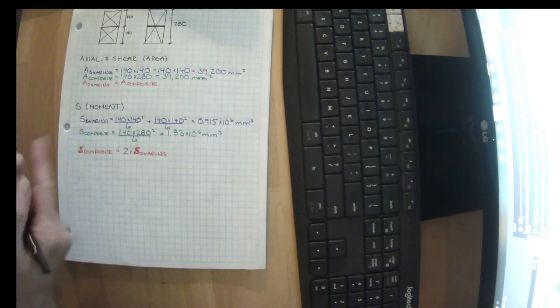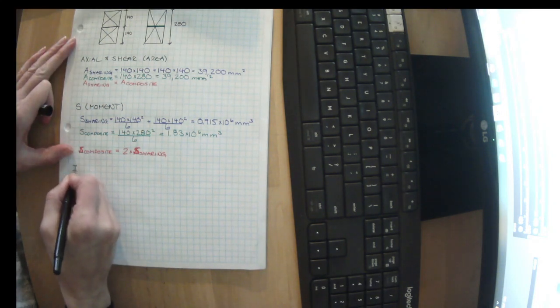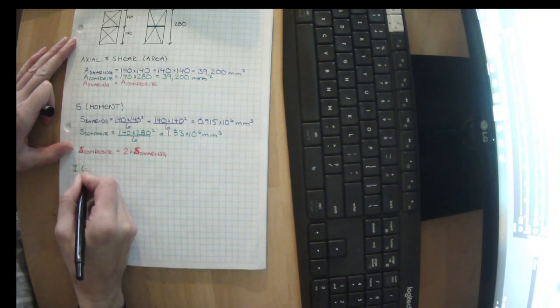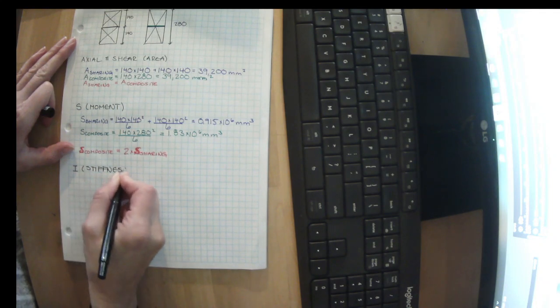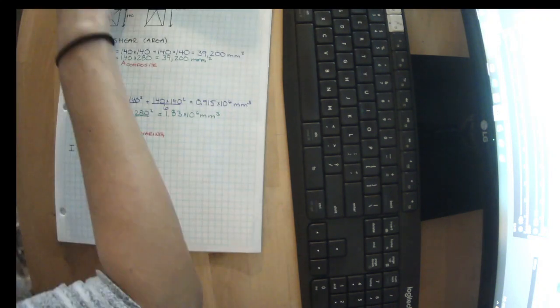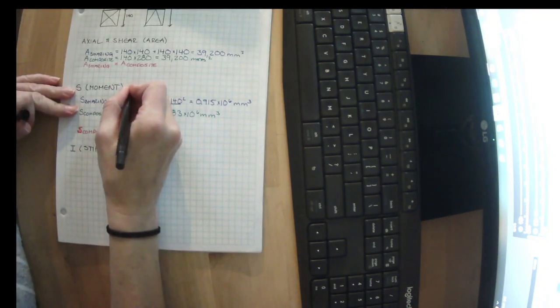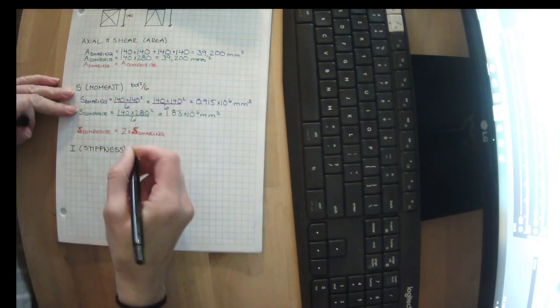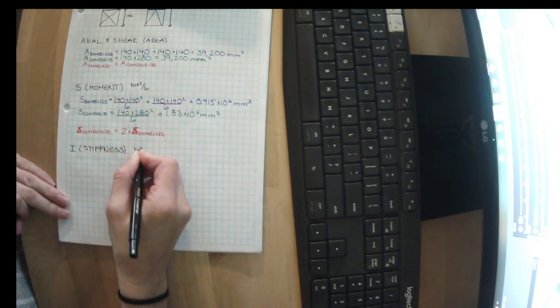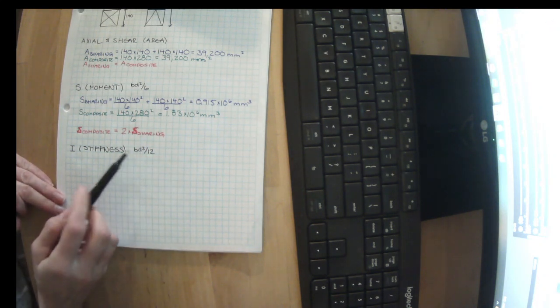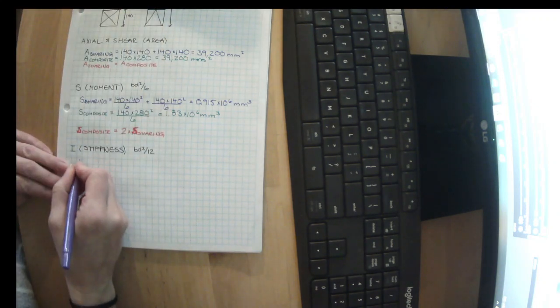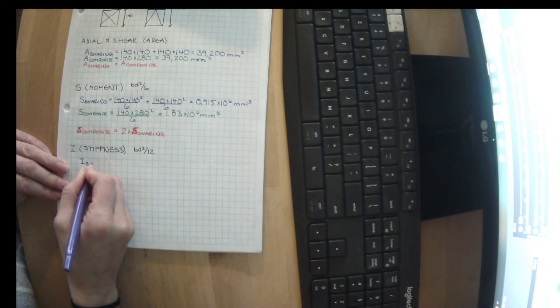Let's take a look at stiffness. For stiffness, we used I, or moment of inertia. And if you guys remember, S is BD squared divided by 6, and I is BD cubed divided by 12. We didn't calculate this, but I did show it to you in a lecture slide. So let's see what it means for I sharing.